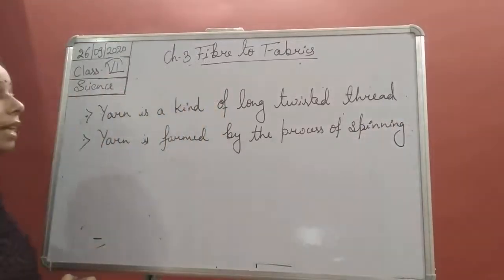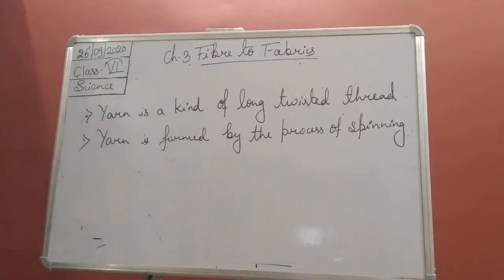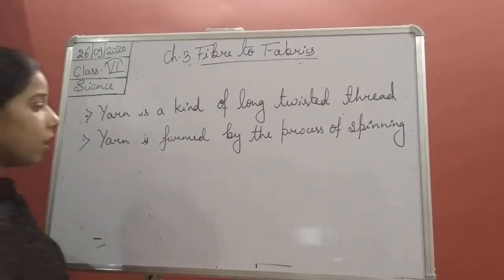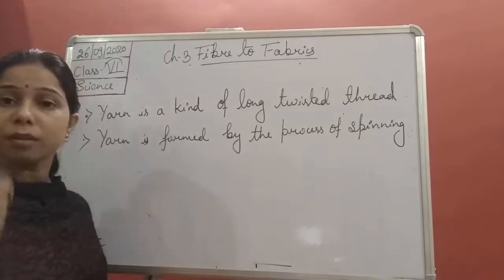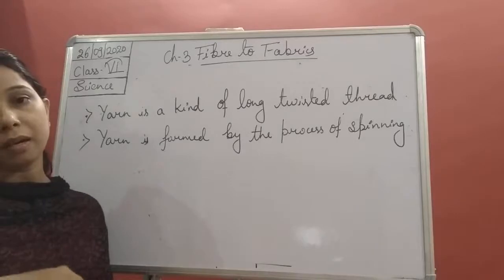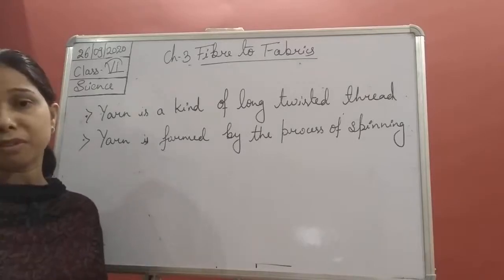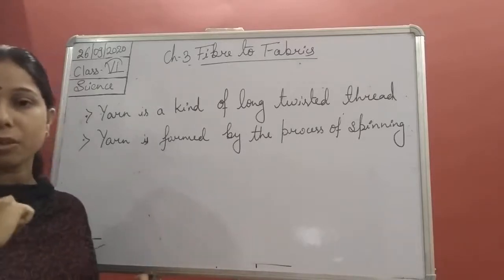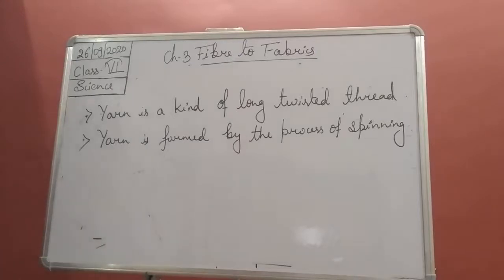It is formed when we take out thin fibers from the thread of the fibers and twist them together. Then there is a formation of a long thread.